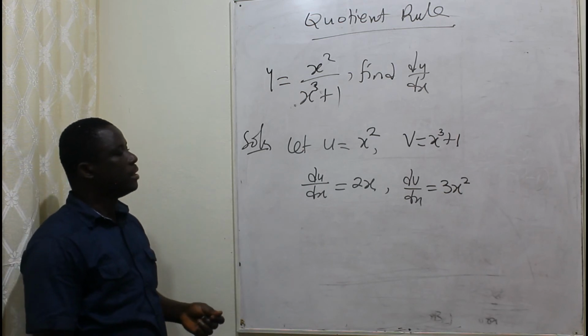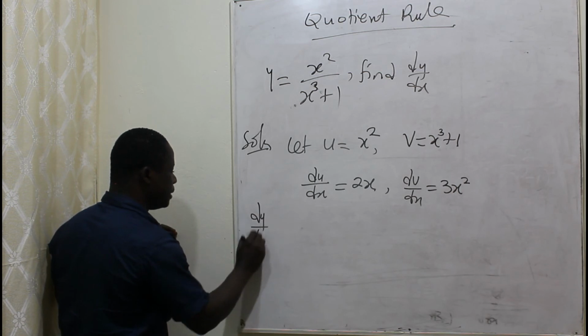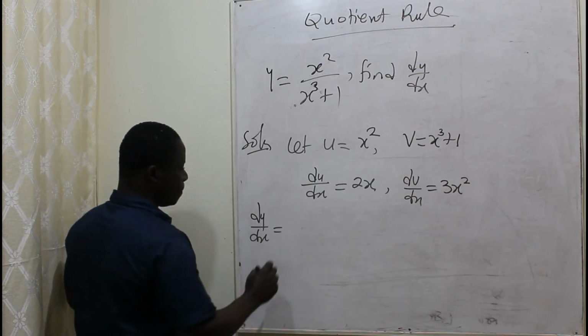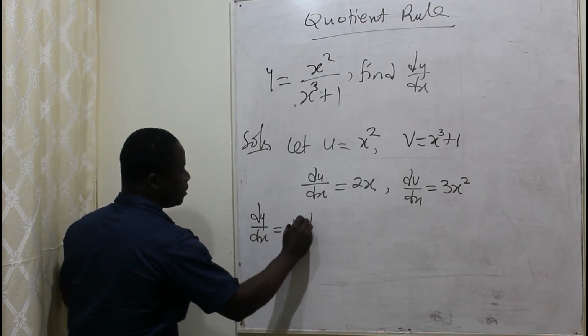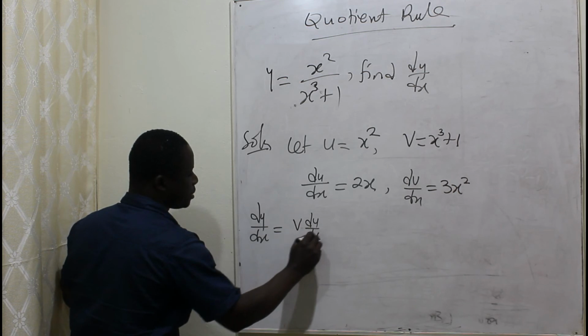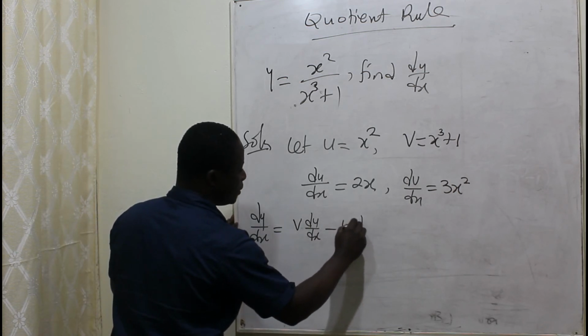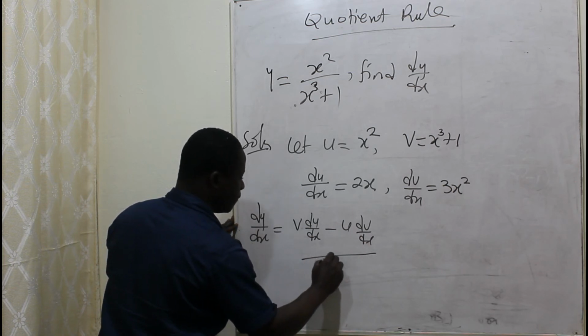Now, the question is, what will be dy/dx? By the quotient rule, it is strictly v du/dx minus u dv/dx all over v squared.